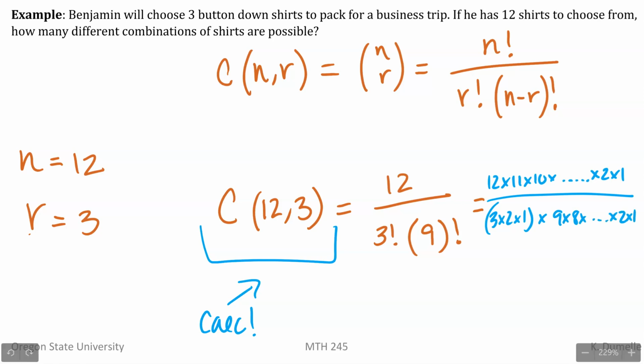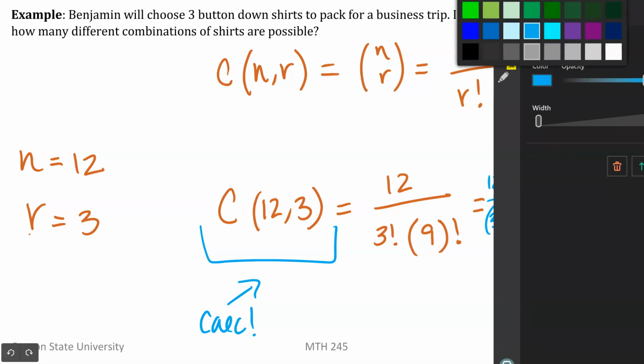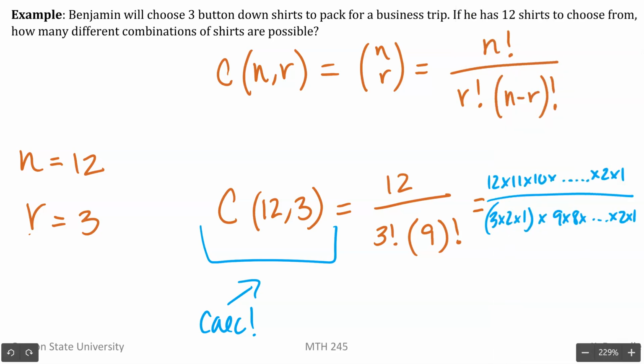Now, even though doing it by hand can be annoying, there is some cancellation that happens. So this 9 factorial is going to cancel with this 9 factorial right here. So those go away. And then we just have 12 times 11 times 10, which is 1320, divided by 6, which is 220.